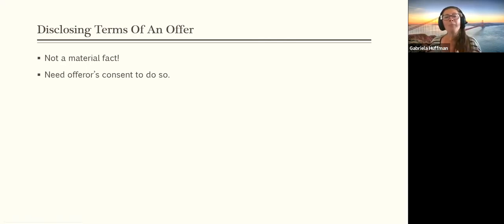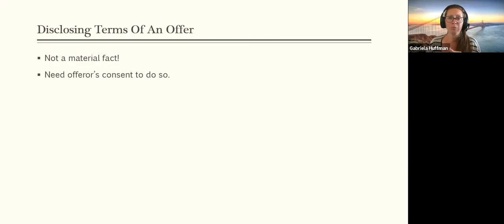It's not my offer. It's not your offer, seller. It's the offeror's, or typically who starts the conversation, it's the buyer's offer. So if I'm going to show the buyer's offer or their cards to somebody else, I need their consent to do so. Otherwise, I cannot disclose terms of offers to anyone.